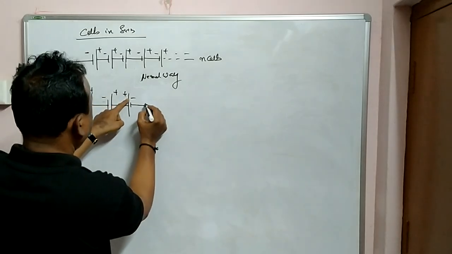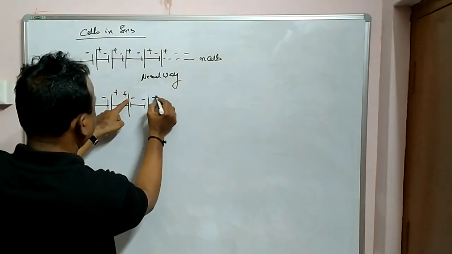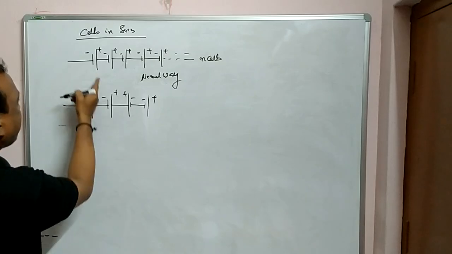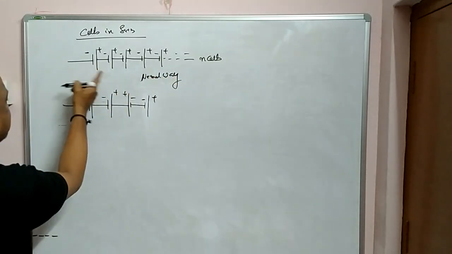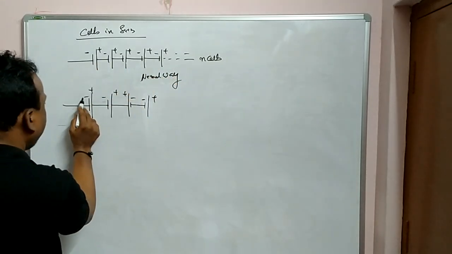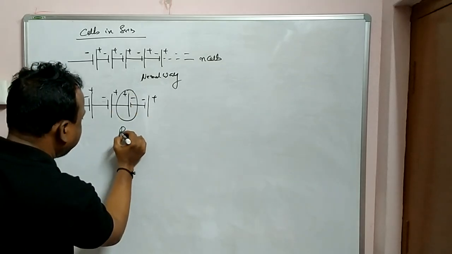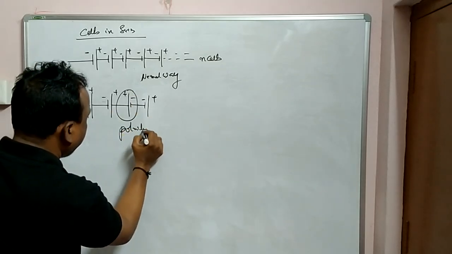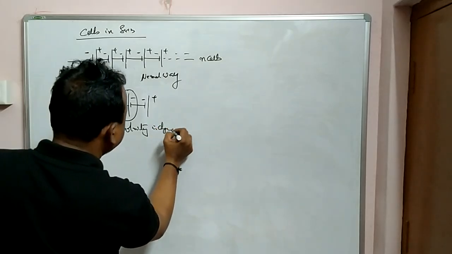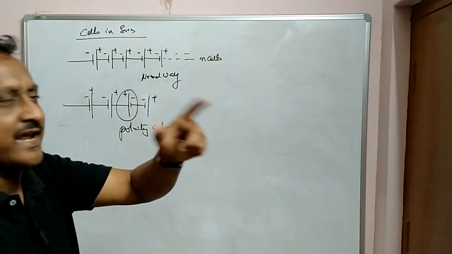Here plus is coming again. Again you can change it: minus, plus. If you observe carefully, these are in normal order: minus, plus, minus, plus, minus, plus. But here plus is coming, so polarity is changed here. In such cases, the formula varies.